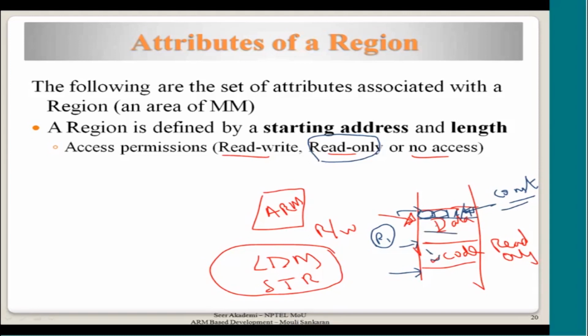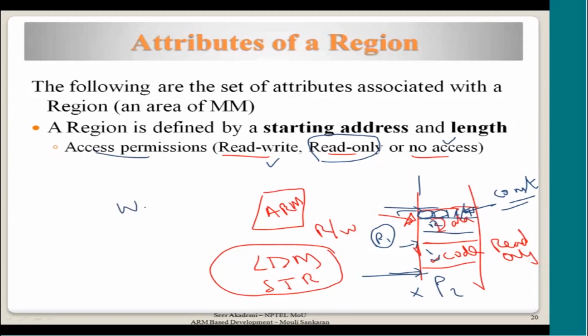And then for some area we want the data to be read and written, so it can be read write. But you may say that some other area, which is not in its own purview, belongs to P2, so it should have no access. So we need access permissions which are one of these.